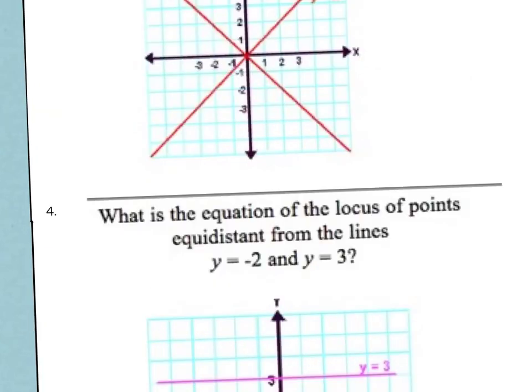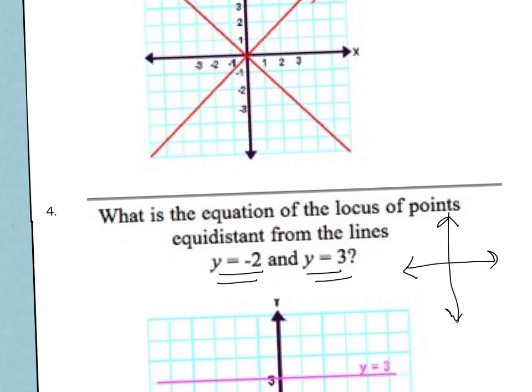Last but not least, what is the equation of the locus of points equidistant from the lines y equals negative 2 and y equals 3? What you have to do here is you probably should graph these 2 lines. You're looking for the locus of 2 lines, and when you graph them, you're going to notice right away, oh, these 2 lines do not intersect. So I'm probably looking for a locus that is 1 line.